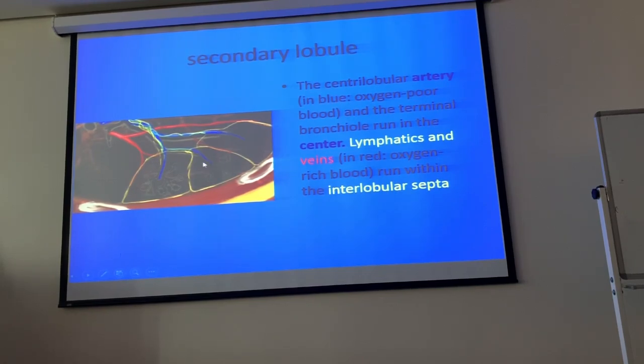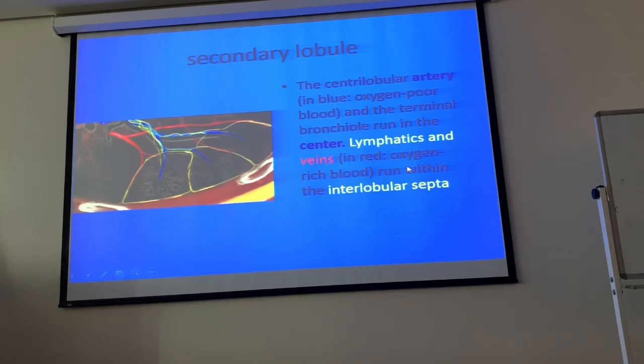Of course, the lobules are separated by septa, and along the septa, the tubular structure which is running is the lymphatics. And inside goes the airway, the bronchus, bronchiole. Then there is a vein and there is an artery.